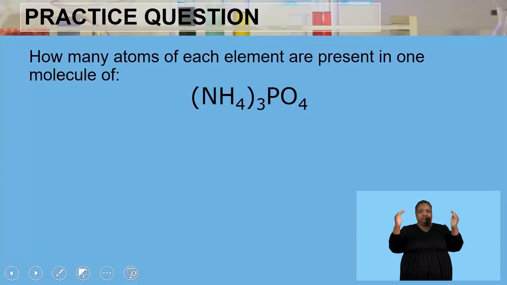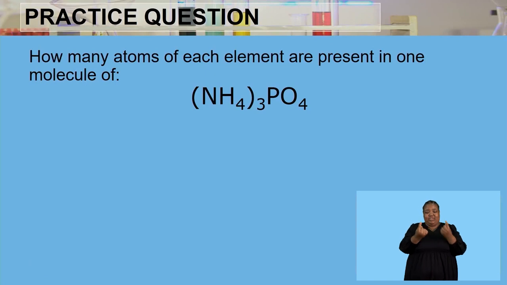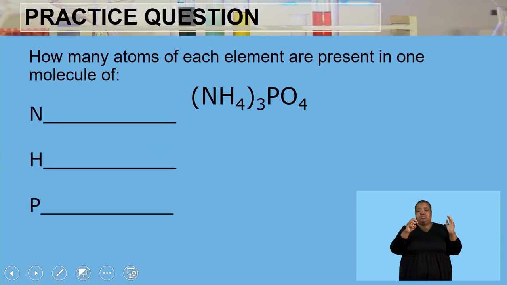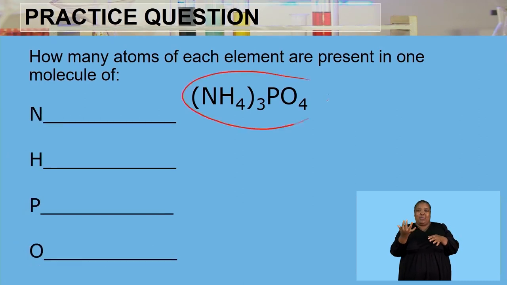Now, next question. We are given this particular compound and the question says, how many atoms of each element are present in one molecule of it? So from this compound, we need to know how many atoms of each element are present in this molecule.